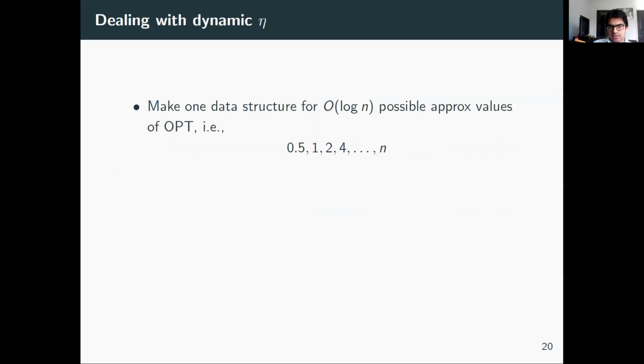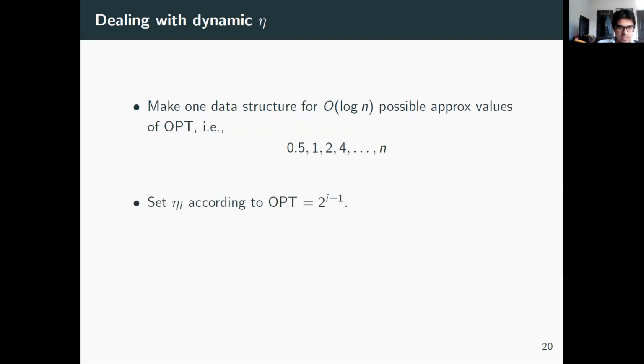So how do we deal with this dynamically changing eta? In a very brute force manner. You just make log n data structures such that each one corresponds to a particular approximate value of opt. So if opt is approximately 2, then we deal with the data structure corresponding to that value.